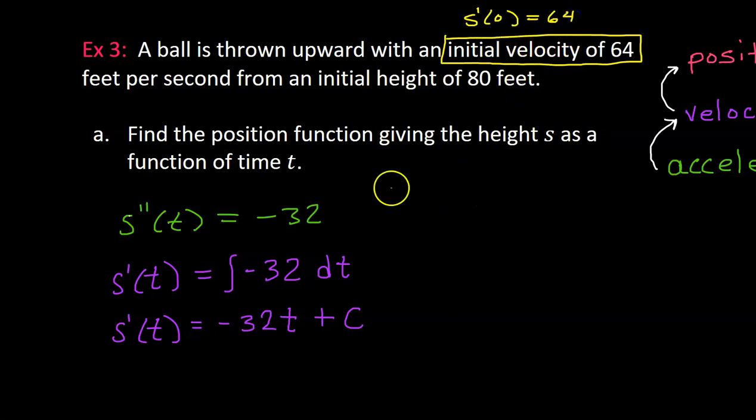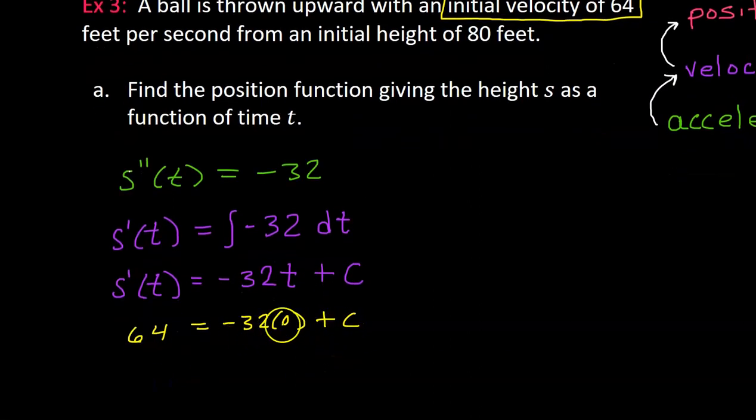Let's substitute this information into the general equation. So at time 0, so that means we have negative 32 times 0 plus c. The velocity is 64, so this entire equation will equal 64. Of course, 32 times 0 is just 0, so that immediately gives us that 64 is equal to c.